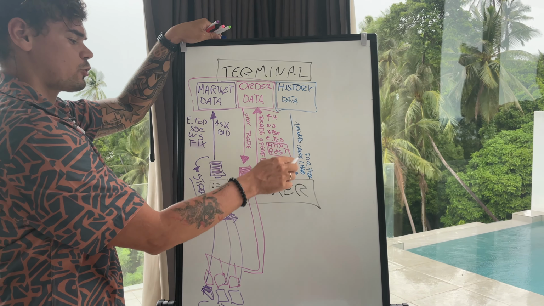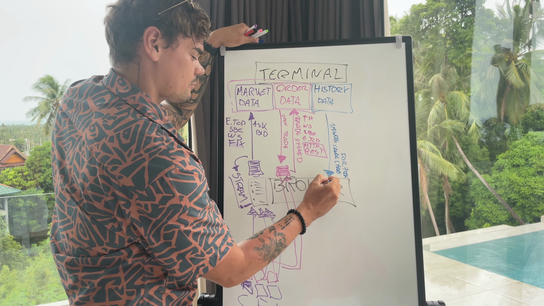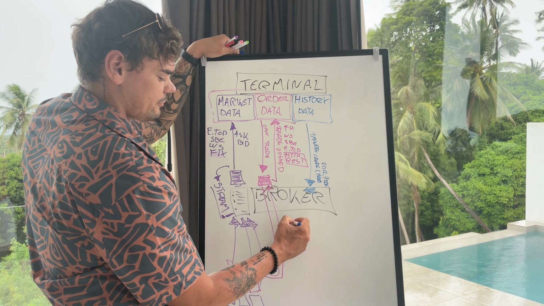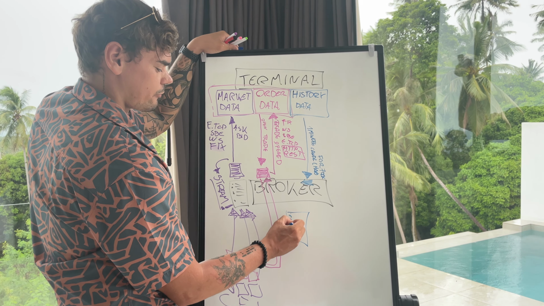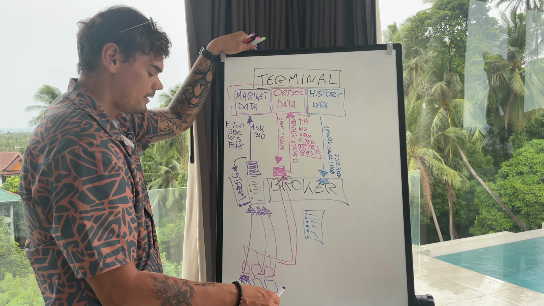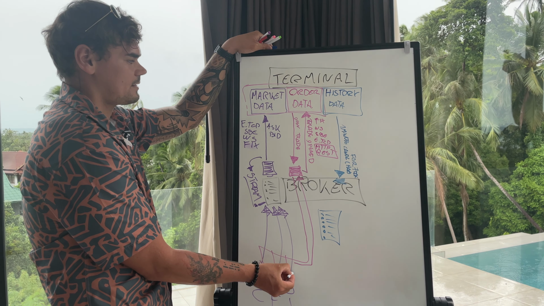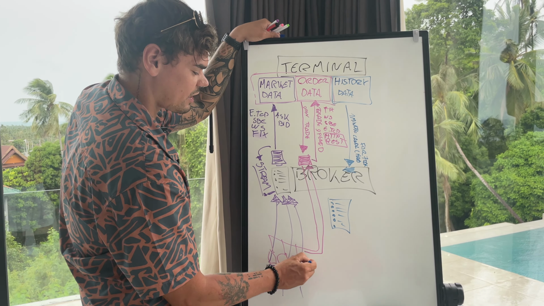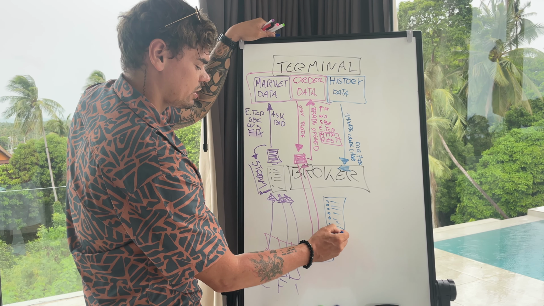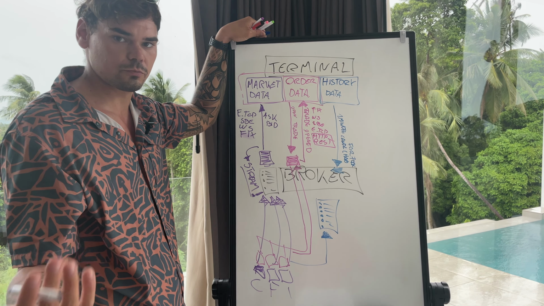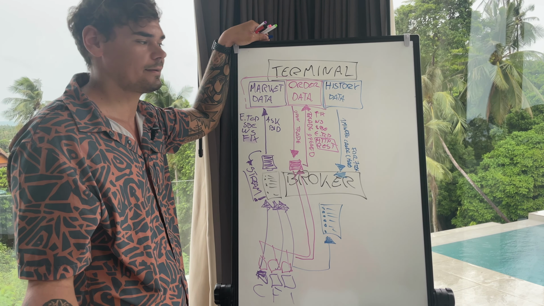So we send the request to the service on the broker side. Brokers usually have their own servers and their own databases where they store the historical data. Every time there is new market data, it goes to our trading platform, but it also goes to the history database, which is usually stored on the broker server side.